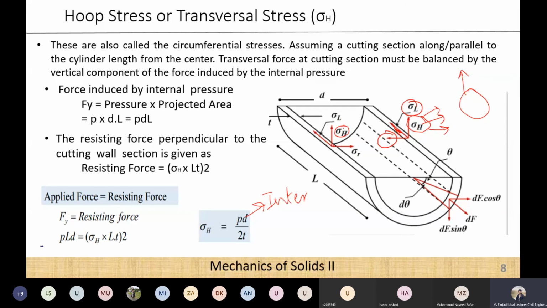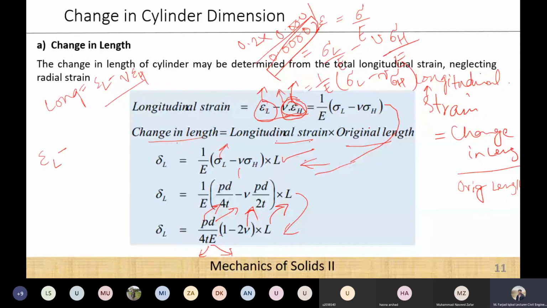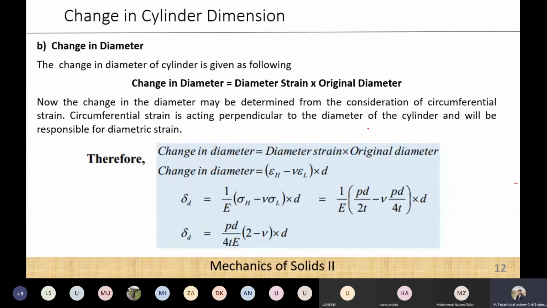So if we can calculate this hoop strain, we can calculate the change in diameter of this cylindrical element. Again, we have to apply the same principle to formulate the calculation of change in diameter. Let's say the change in diameter is the diametric strain multiplied by the original diameter. Which strain is causing the change in diameter?